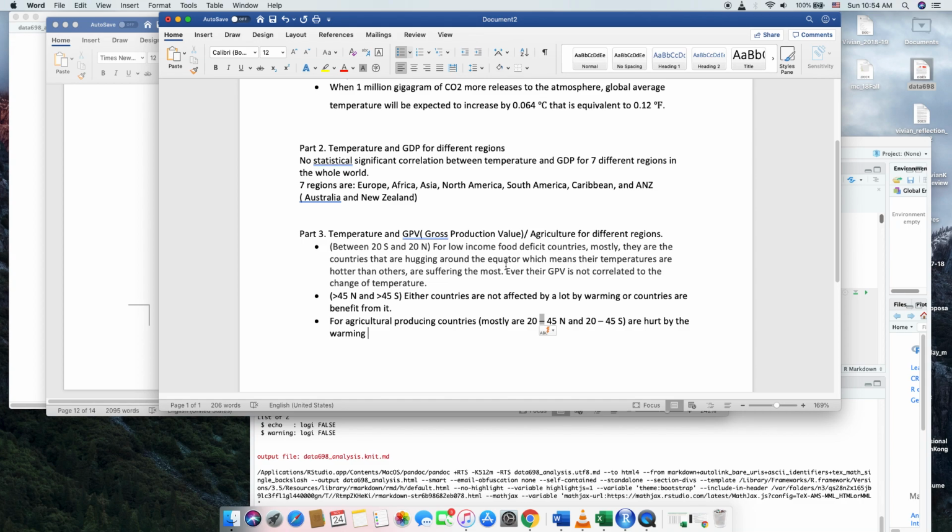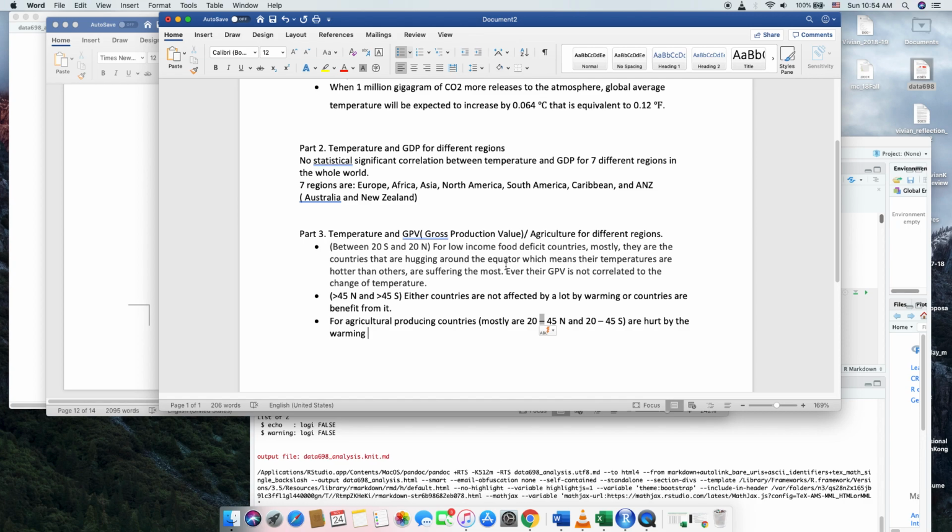Even if they get food, supply and demand will shift, so the price of food will be really, really high. So they probably cannot even afford their food.